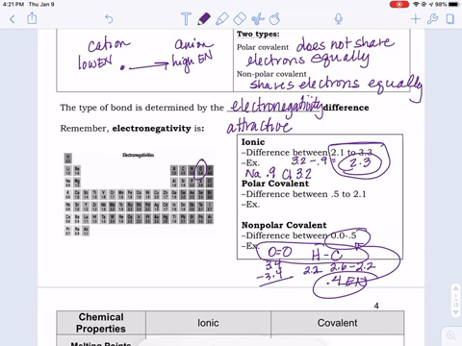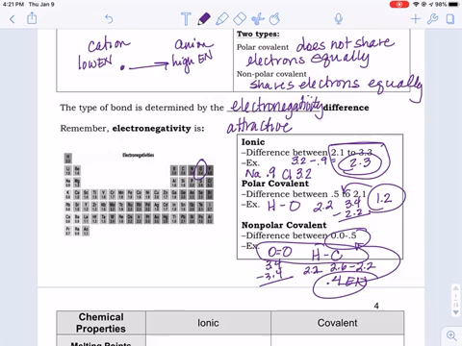What's not even sharing? Well, the best example is hydrogen and oxygen. Hydrogen, again, 2.2. Oxygen, again, 3.4. The difference between those two is 1.2, which fits in between our range of 0.5 to 2.1.